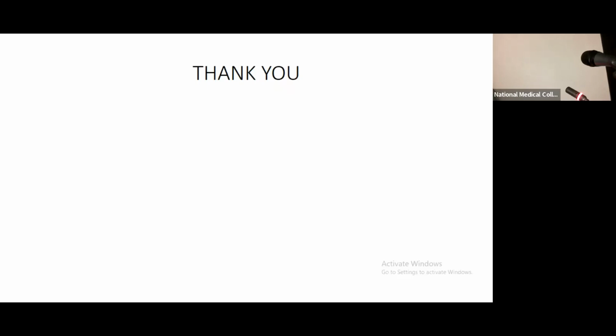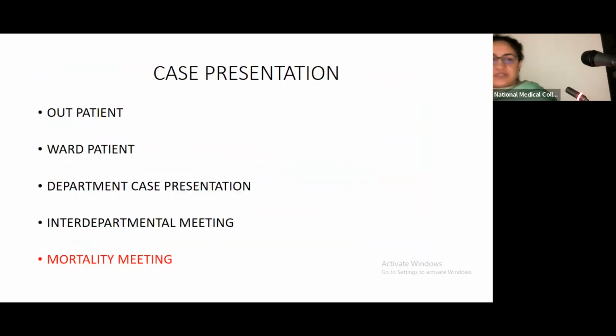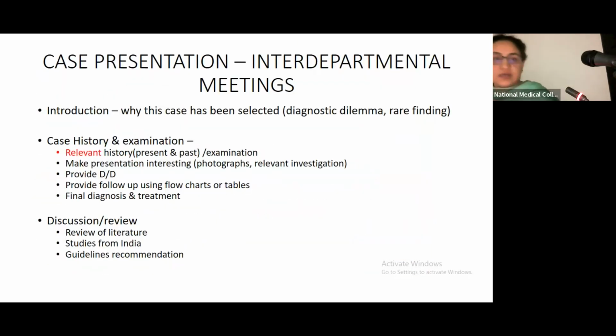Suppose in any case presentation, what is the optimal slide length, how many slides? So what I showed in interdepartmental slides: 2 slides for case history, 2 slides for relevant history, 1 or 2 slides for investigation, 1 slide for DD, and 1 slide if there is some flow chart or treatment you want to show, and 1 slide for final diagnosis.